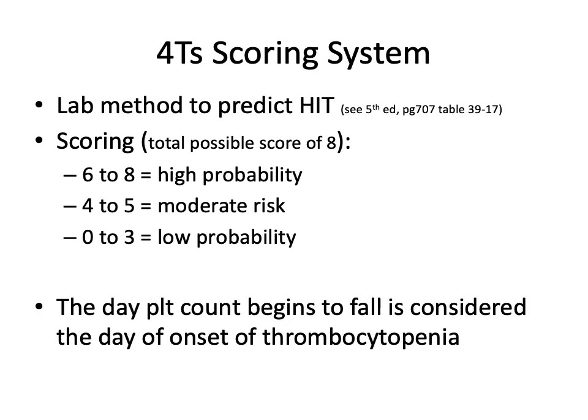A score of 4 to 5 out of 8 indicates a moderate risk. And a score of 0 to 3 out of 8 indicates a low probability. See RODAC 5th edition, page 707, table 3917 for the 4T's scoring system to predict heparin-induced thrombocytopenia.